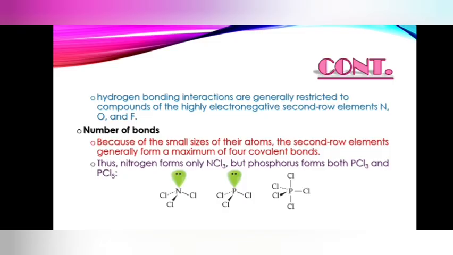First we have nitrogen. Nitrogen forms only NCl3, but phosphorus can form both PCl3 and PCl5. As nitrogen is a second row element, that's why it can form a maximum of 4 covalent bonds.